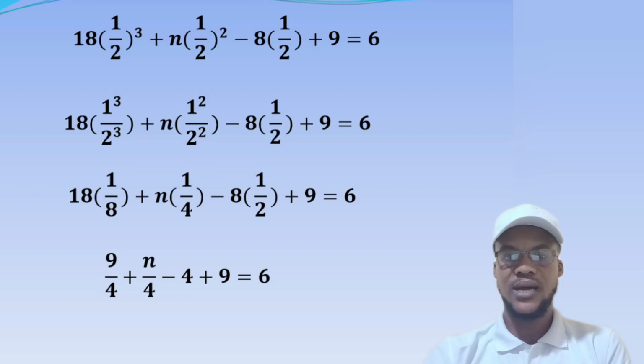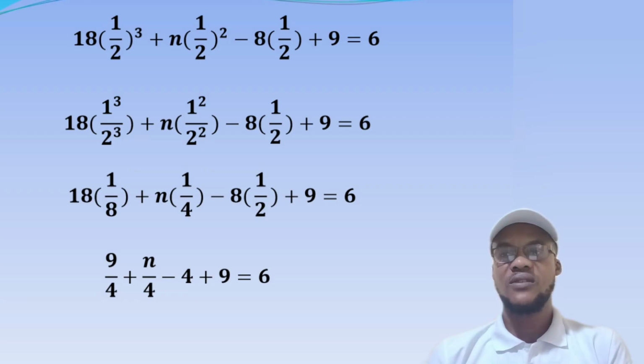And n multiplying 1 on 4 gives n on 4. And then 8 multiplying half, half of 8 gives us 4. And then we have our 9, which is equal to 6.